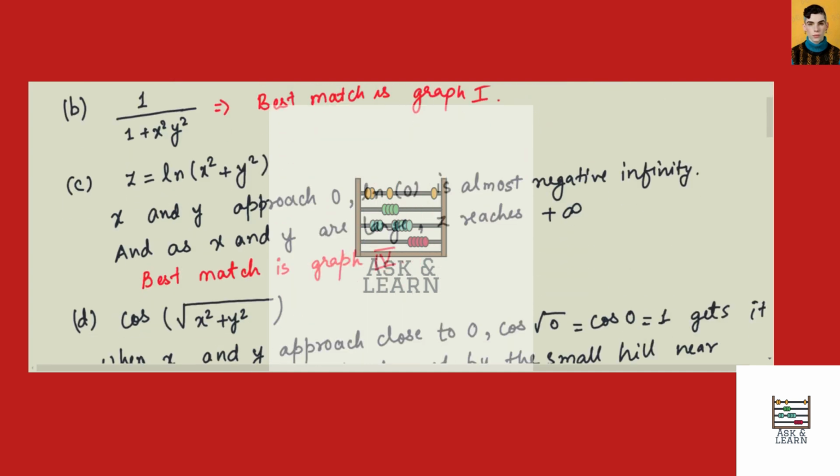Now for part (c), we are given f(x,y) equal to ln of x square plus y square, so z equals ln of x square plus y square. If x and y approach 0, then ln 0 is almost negative infinity. And when x and y are very large, then z reaches plus infinity.